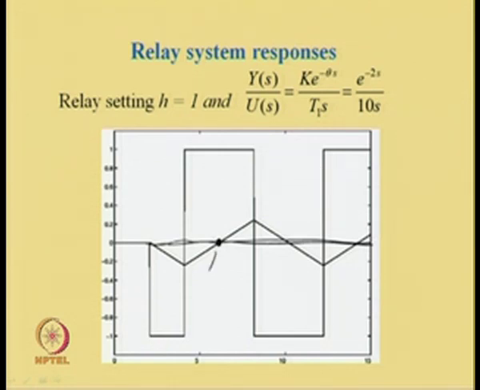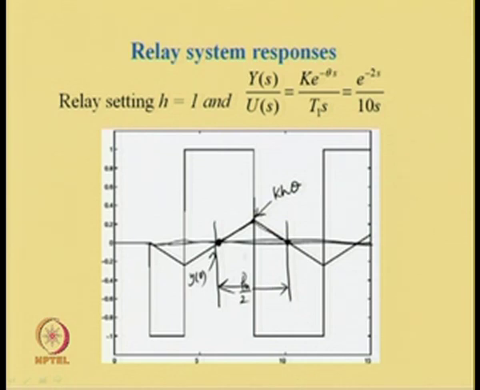So, this is my y equal to 0, the output is going up like this, and after a half period it must come back to the zero crossing point. So, this span is now Pu by 2, and this is my peak value given by k h theta.